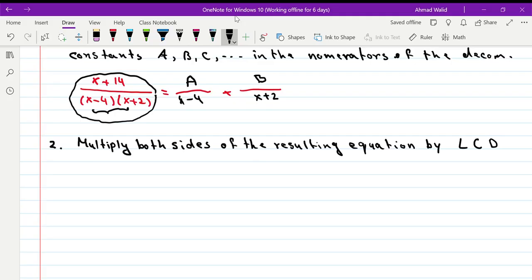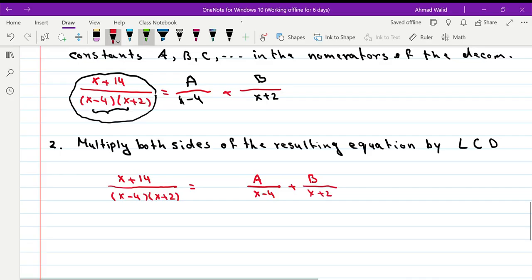Let me show you. Again, I'll go back to red. I have x plus 14 over x minus 4 times x plus 2 equals a over x minus 4 plus b over x plus 2.